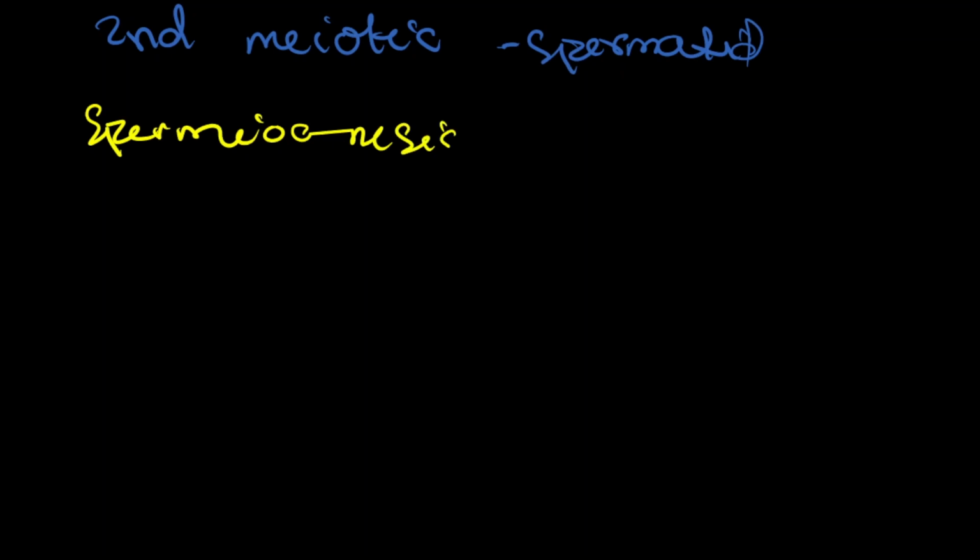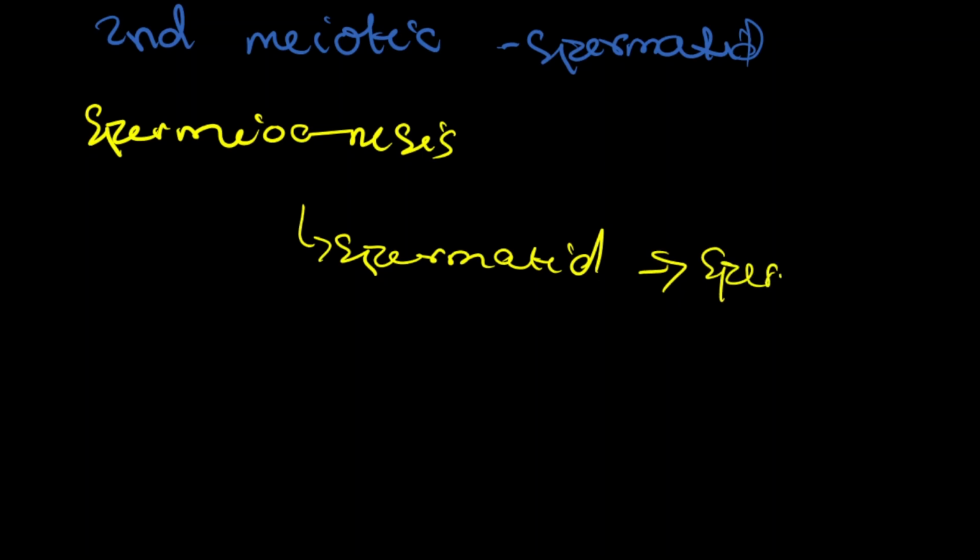Now, spermiogenesis is a morphological conversion of spermatids to spermatozoa. Now, this process is neither mitotic nor meiotic. Okay, it's simply a morphological change.